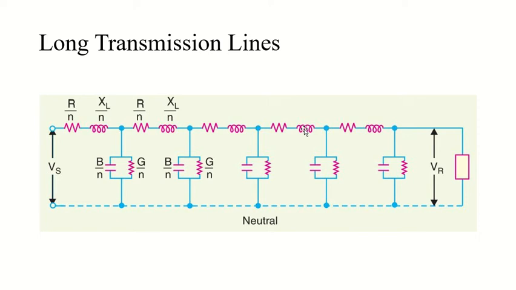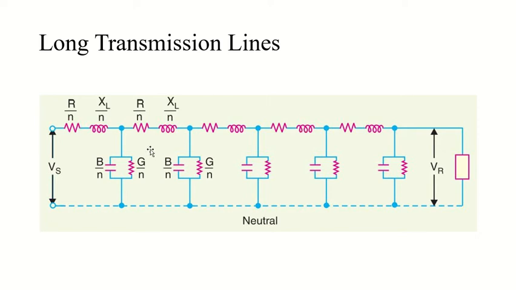And when we consider the line constants uniformly distributed throughout the entire length of my line, this method will be called rigorous method or rigorous treatment, which we use for the solution of such lines.